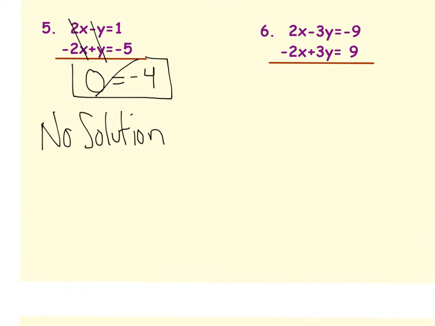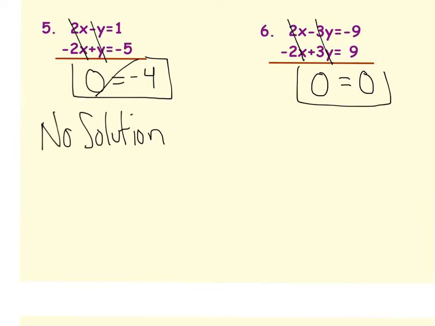And the same can be said over here for number 6. Notice that the x's are opposites, and so they cancel. Well, look at the y's. They also cancel. But in this case, you get 0 equaling -9 plus 9, which is 0. I get a true statement.